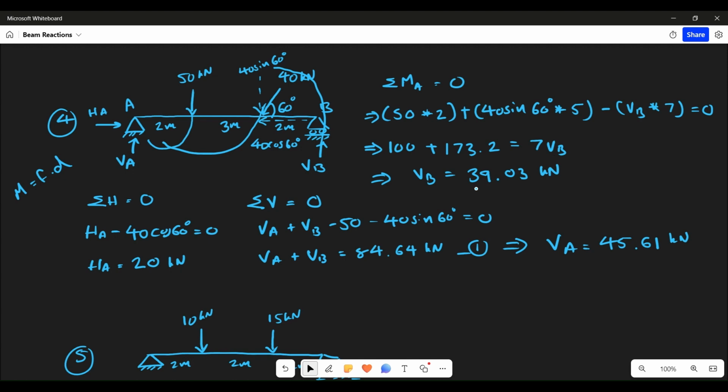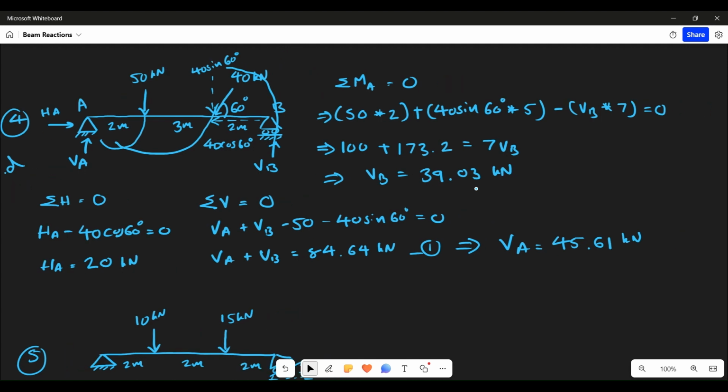Now you can do one more simple calculation here that is not always required, but let's see it. So this is HA and this is VA. Sometimes they expect you to find the resultant of these two forces, right? That will be called RA. Now this RA can be found simply using Pythagoras theorem. So RA is the square root of HA squared plus VA squared.